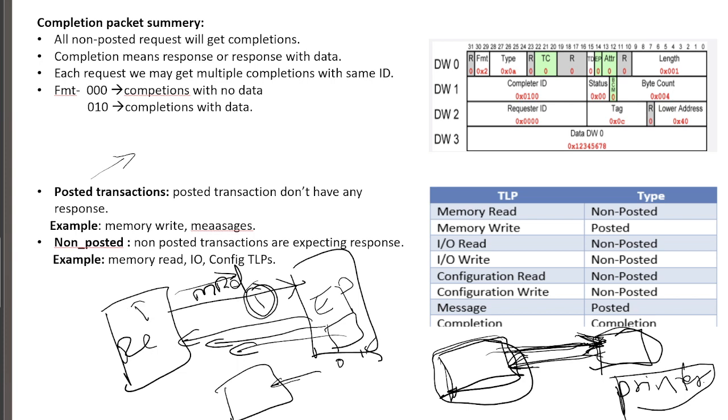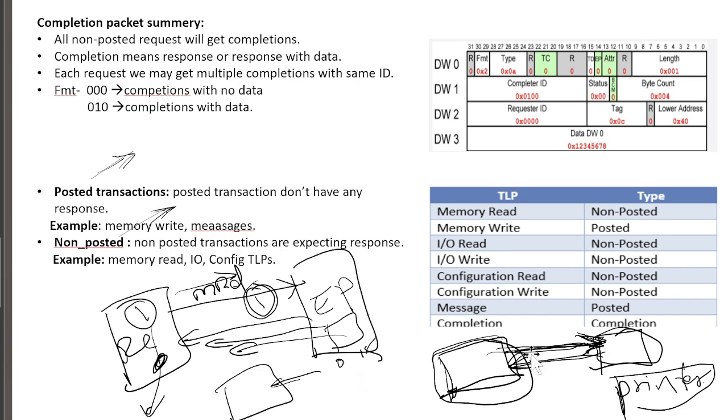Based on that, RC knows that it got a response to its request, and sees that this is the actual packet it expected. Once the data arrives, RC does operations based on its requirements. This we call non-posted. So the conclusion: posted means you won't get a response; non-posted means you will get a response, sometimes with data as well.